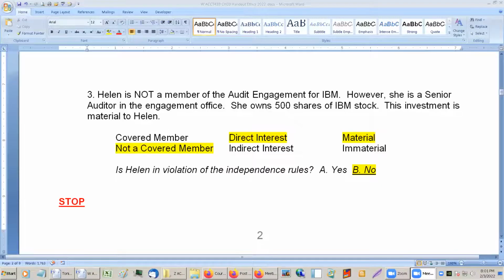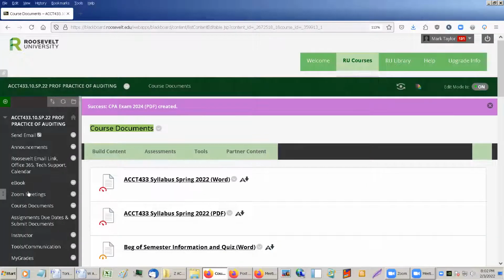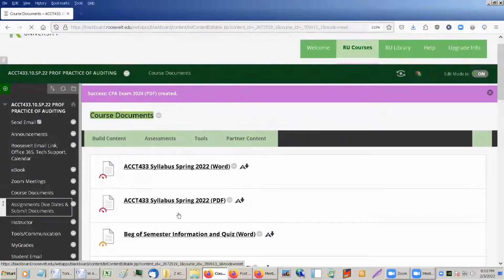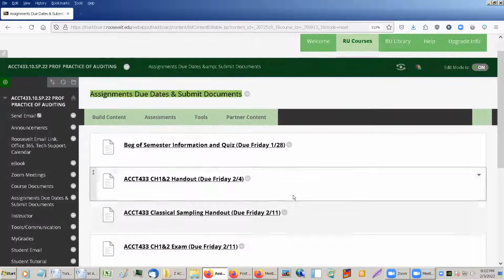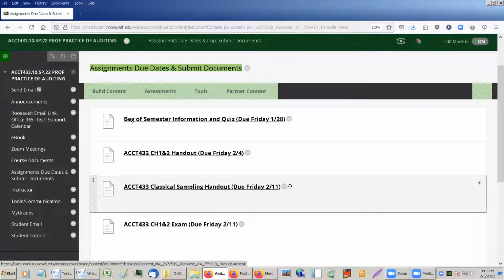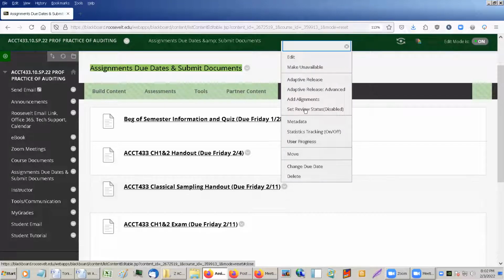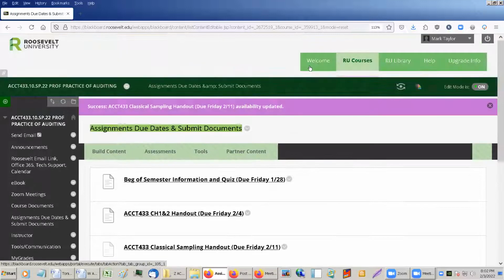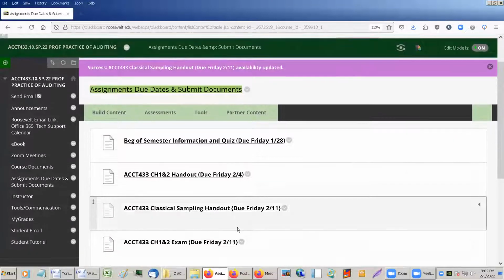I'm going to send out the exam right after class. You'll get it in your email account. Let me make sure I have it in the assignments and due dates.